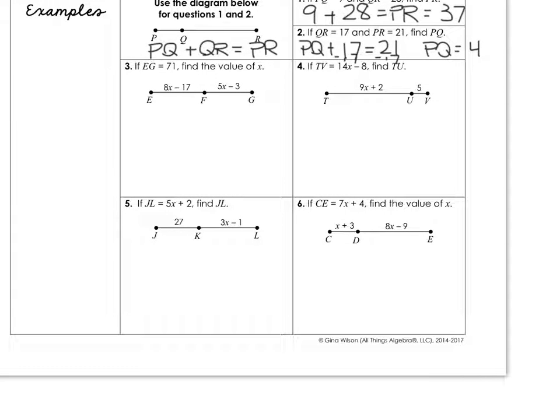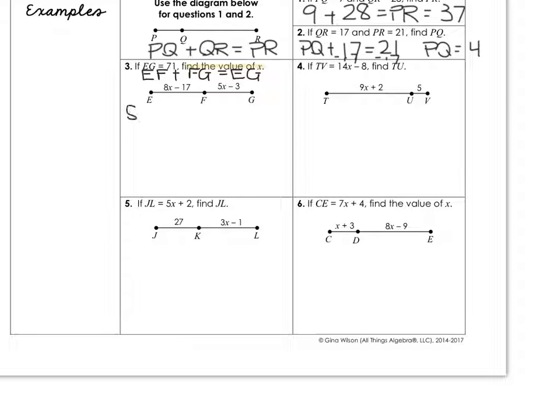Now let's try some that are a little more involved with some algebra. We have to pay attention to what it's asking for. This is just asking for the value of x. So write our segment addition: EF plus FG equals EG. Substitute in our parts.